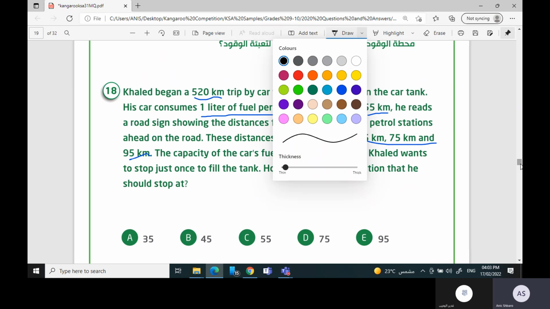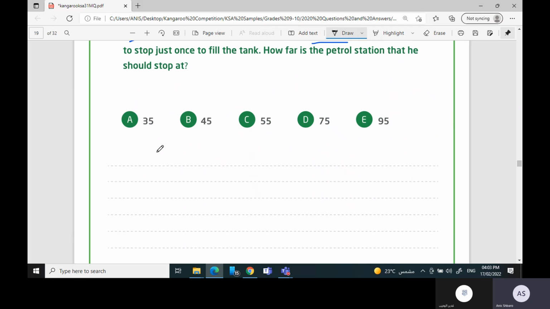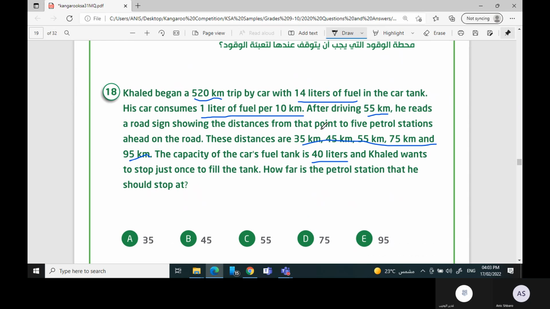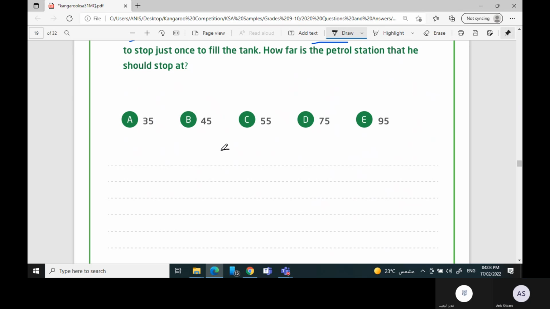So I'm going to change the color here and I'm going to write. First of all, he started 55 kilometers ahead. So 55, I'm going to divide it by how much he consumes. His car makes 10 kilometers for each 1 liter.